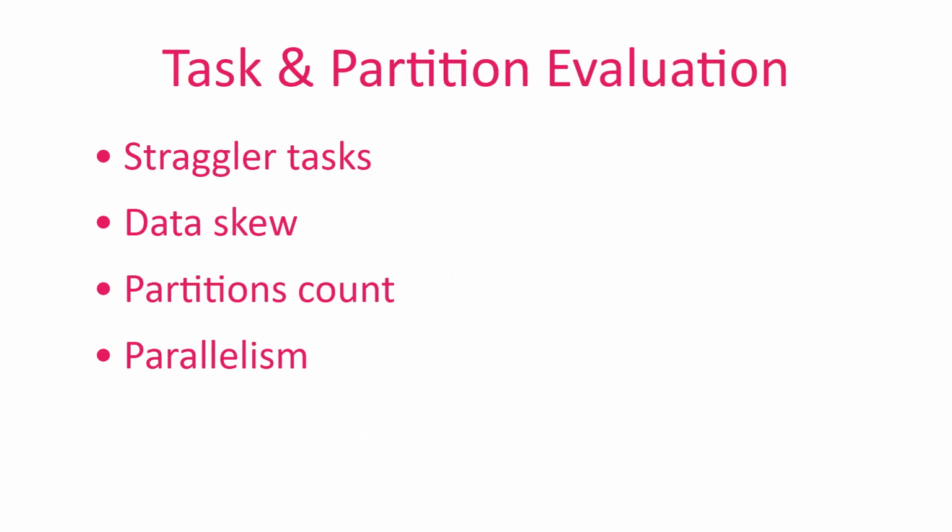Let's discuss task distribution and partition and parallelism evaluation. In task distribution, it checks straggler tasks, which we discussed previously, skewed partitions, failed tasks, and executor lost events. For parallelism and partitioning evaluation, it evaluates the number of partitions, data distribution, and stage parallelism.